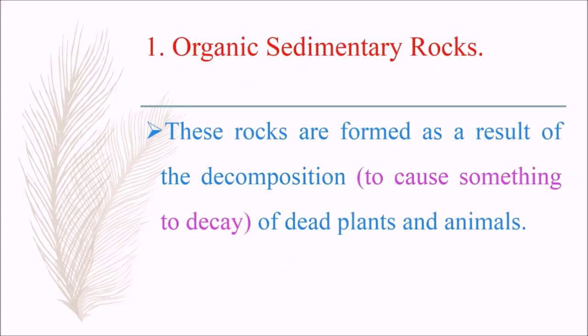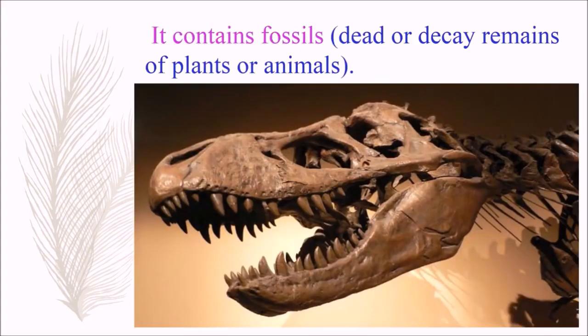So the first one is organic sedimentary rocks. These rocks are formed as a result of the decomposition of dead plants and animals. Here, decomposition means to cause something to decay. It contains fossils. Fossils means dead or decayed remains of plants or animals.